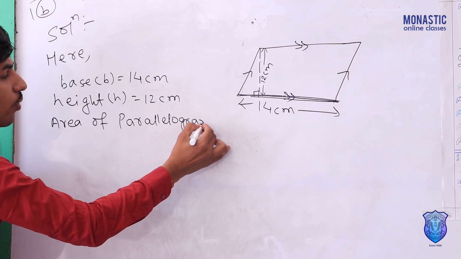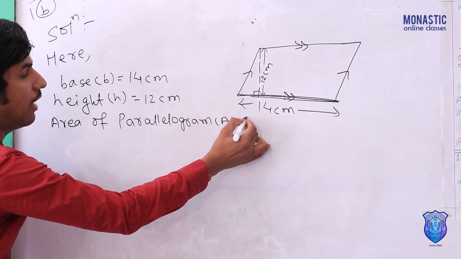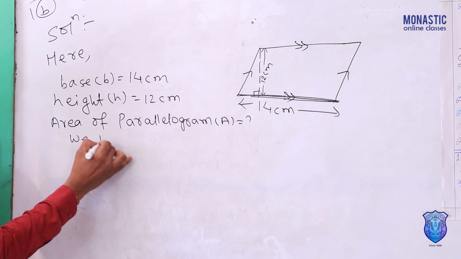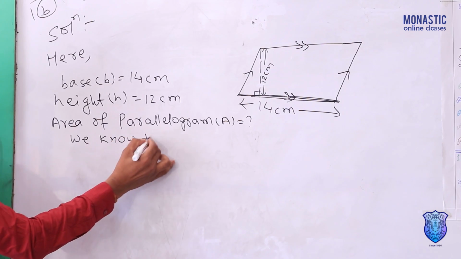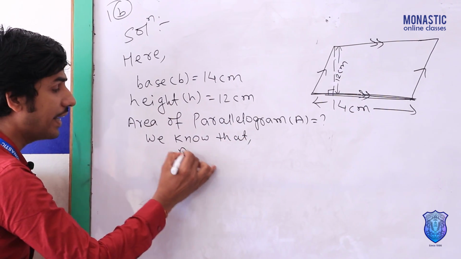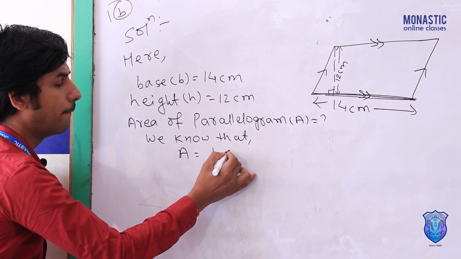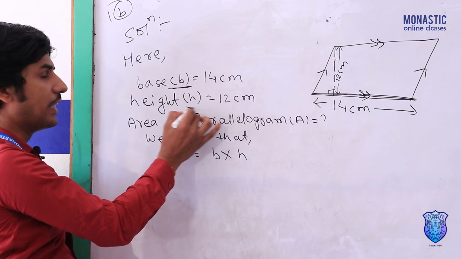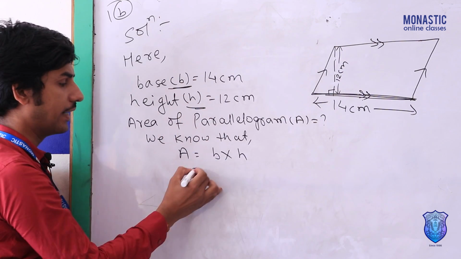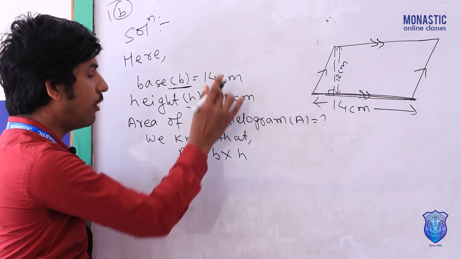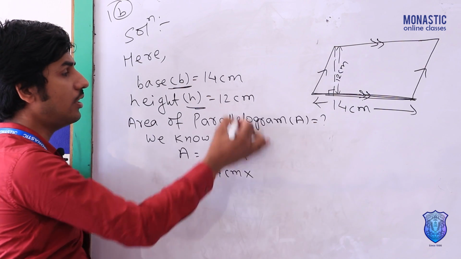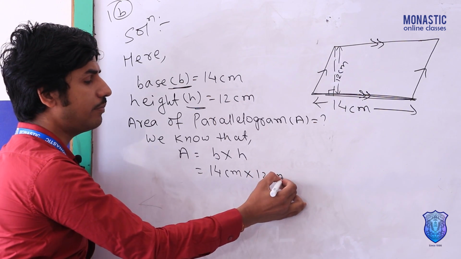For this we know that area is equal to base into height. Base is 14 centimeter into height 12 cm.